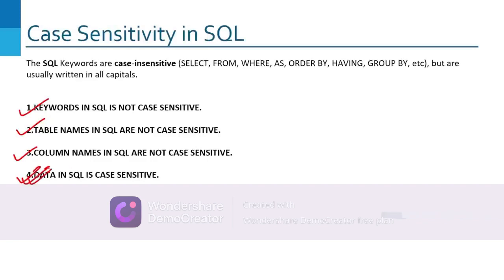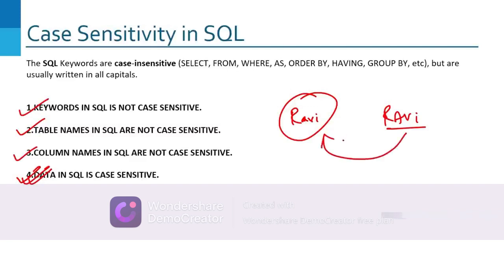But the data in SQL is case sensitive. Now this is very important. Data is case sensitive. Why? The reason is, suppose you are saving one particular data as RAVI in capital letters. Now if you are asking for a particular data which is written as Ravi, obviously these two have many differences, right? The name is the same, but the writing pattern is different.